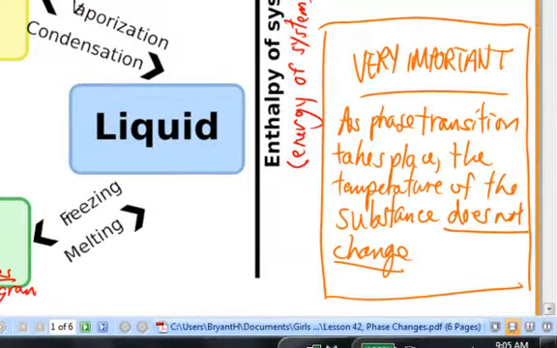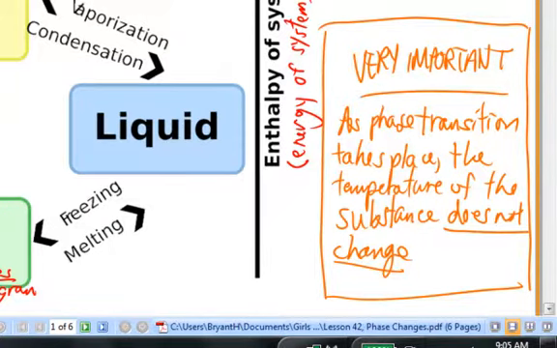So as I pour more and more energy in the form of heat into the substance, if I am at a phase transition, what happens is that energy goes into increasing the internal energy of the particles so that they're able to change their state. I'm not increasing the temperature of the particles.